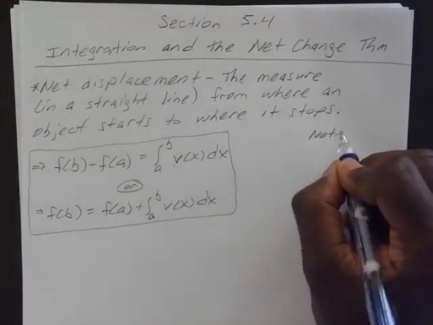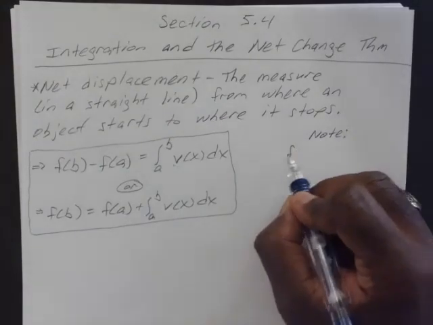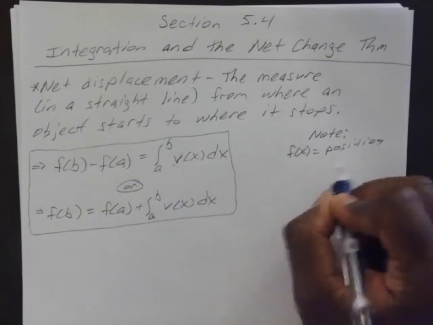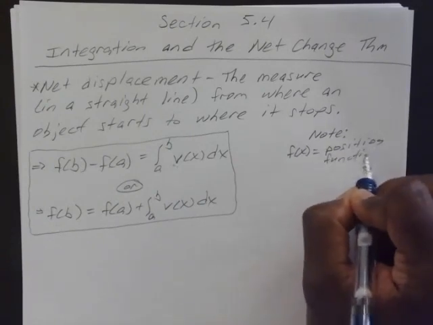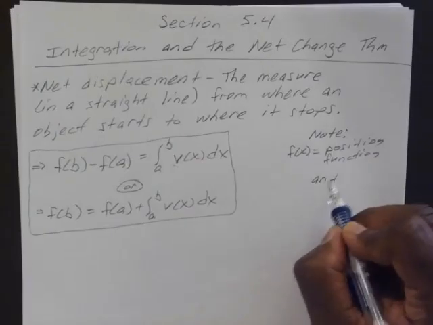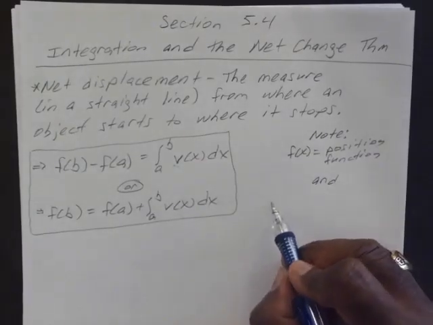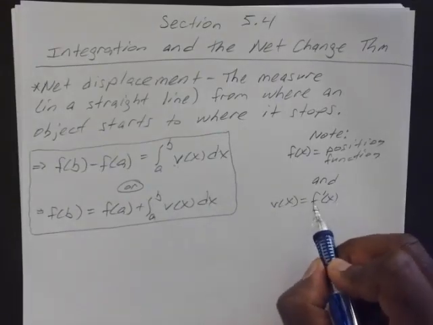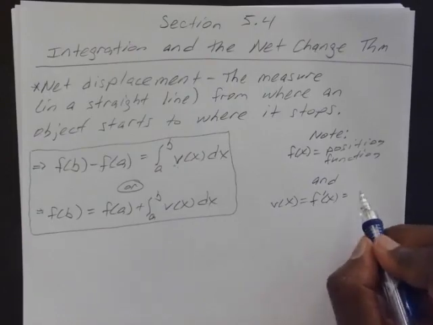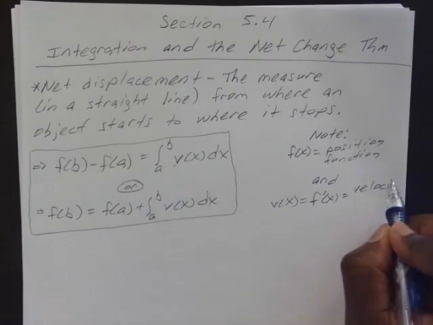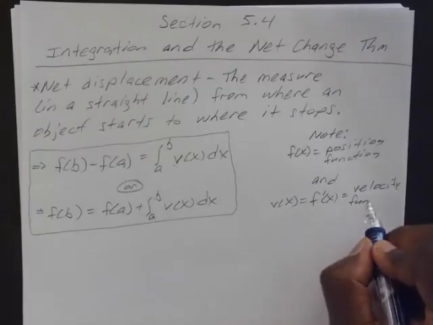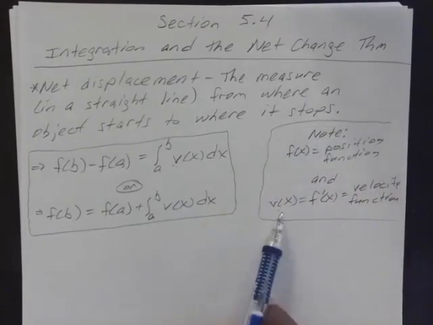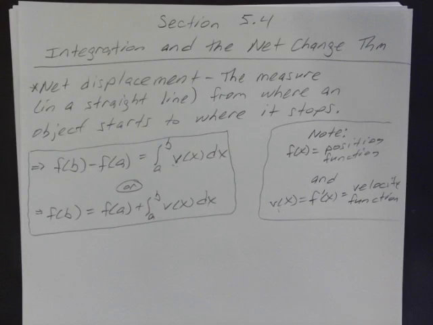And leave a little note here that f of x equals your position function, and your v of x is just another notation for your first derivative, which is your velocity function. That's usually the notation for the velocity function.